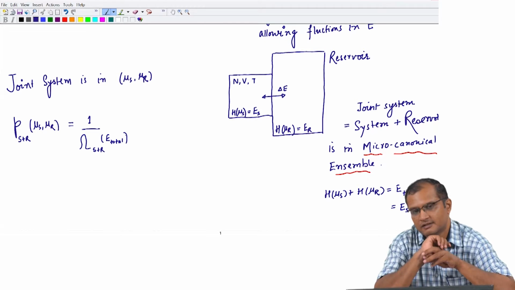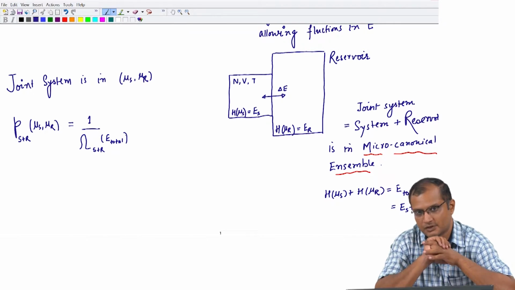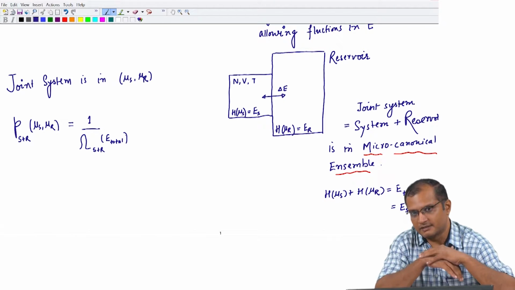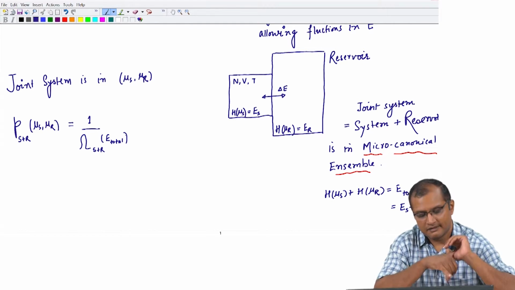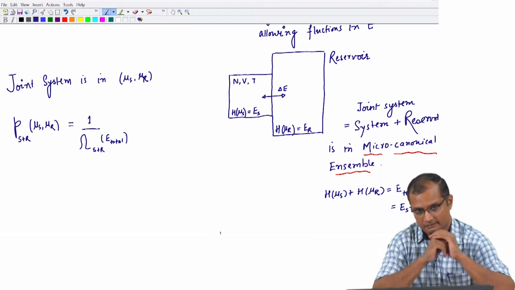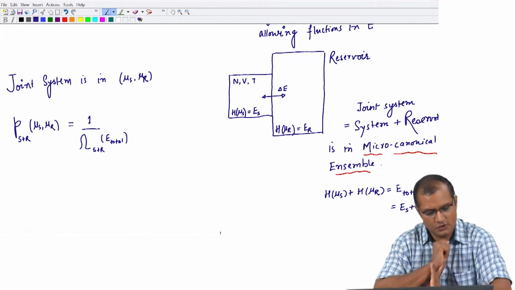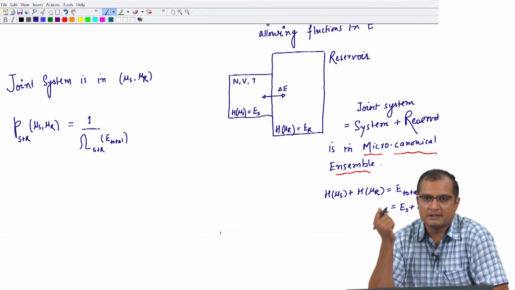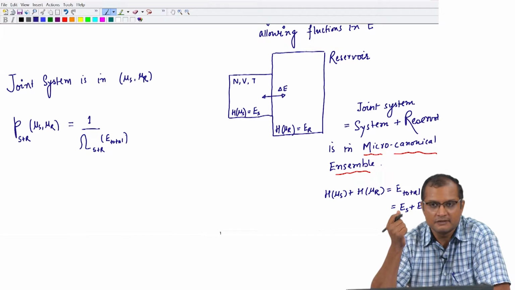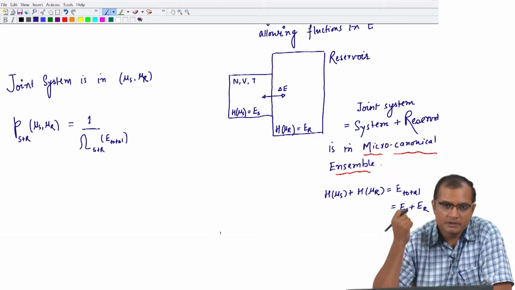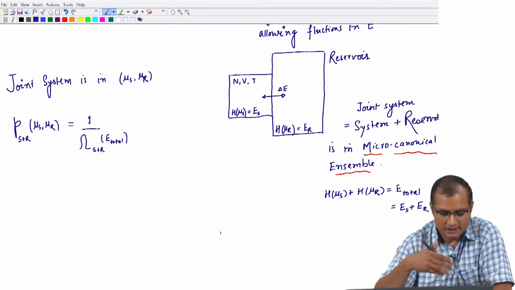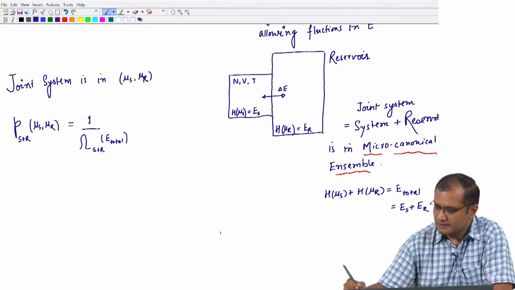So, our total energy is E total, and N total, V total, E total is the microcanonical ensemble here, and this joint system can exist in omega_{S+R} number of states. So, the joint probability of obtaining the system in a combination of mu_s, mu_r is nothing but 1 upon the total number of states accessible to my system plus reservoir, and that is this big omega.